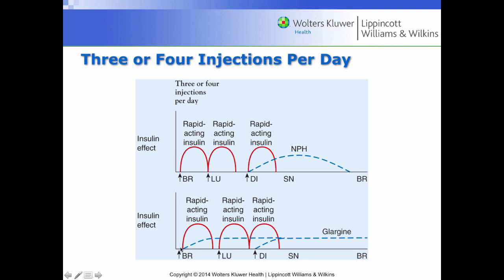Where the first injection is a combination of the rapid and the long, the second injection is just the rapid, third injection is just the rapid, and then right around dinner time you take another long-acting again to cover you through the night. Okay? So what regimen people are taking is entirely based on their needs and what their clinician decides is the best kind of coverage that they need to control their blood glucose.